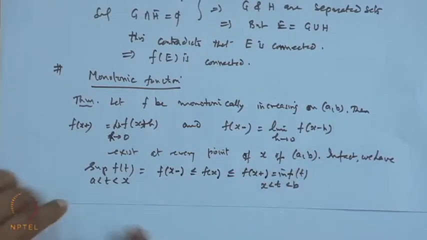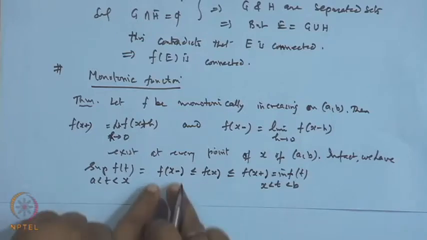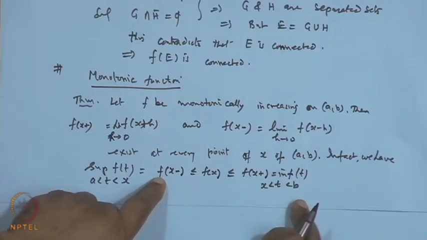So, over the interval, the value of the function f(x) always lies between the left hand limit and the right hand limit.